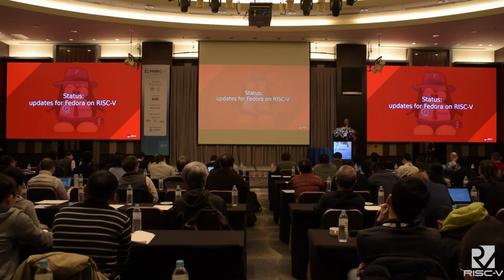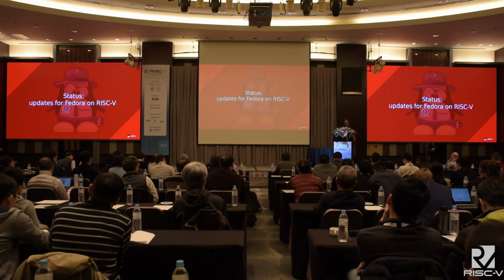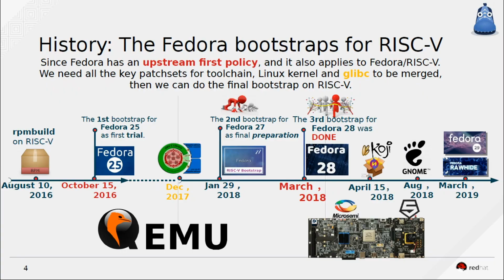If you're interested in that, please let us know. I'm very happy to explain it to you. In this picture, you can see what we have done in Fedora on RISC-V Bootstrap.